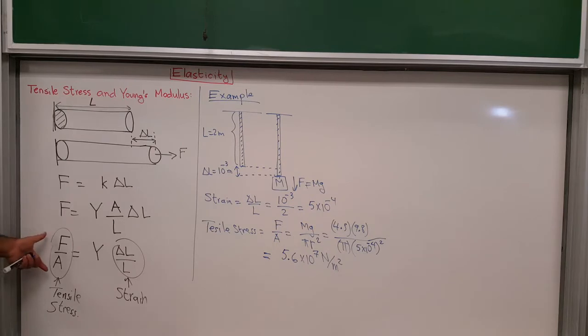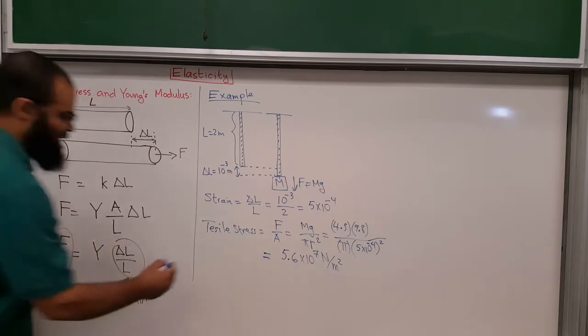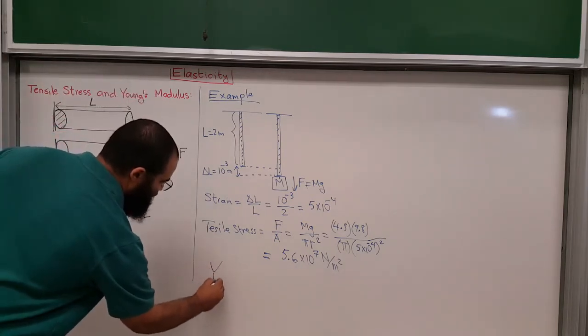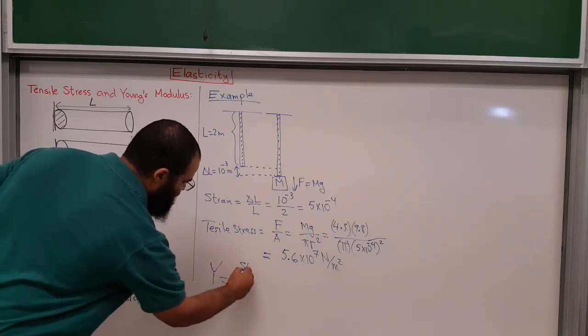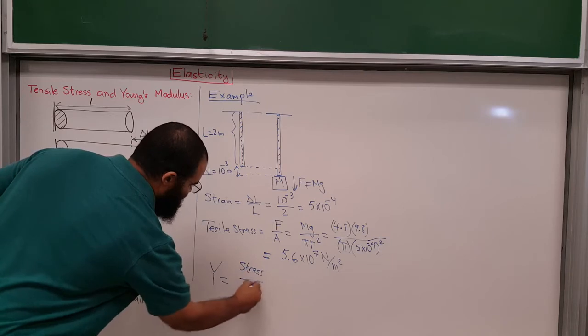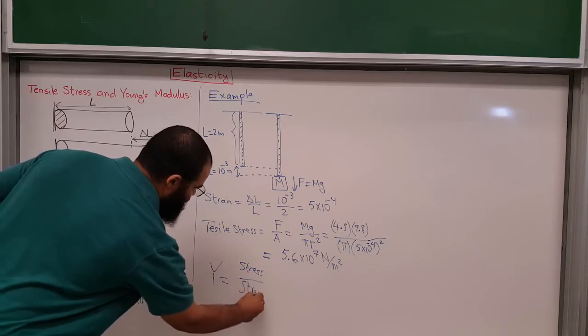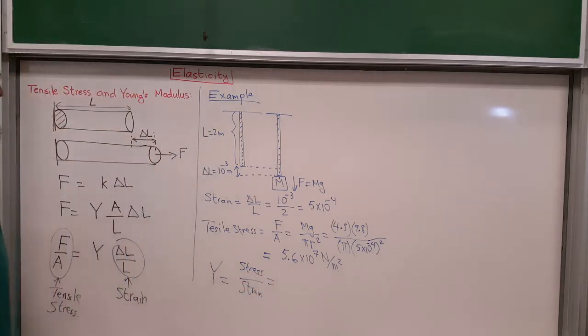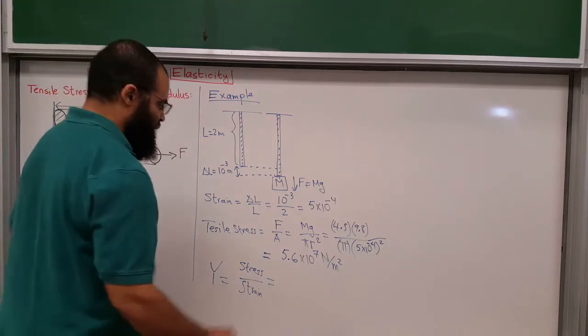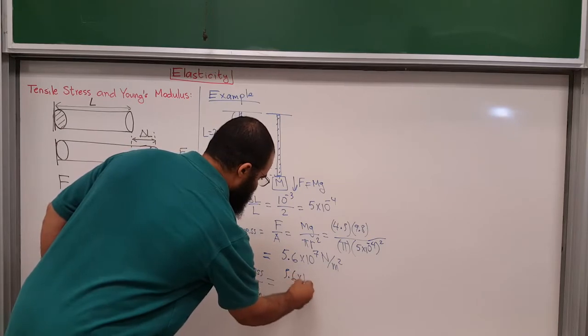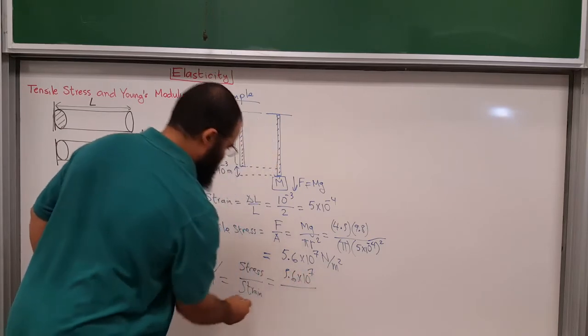So Y will be this divided by that. That's why I did it this way. So Young's modulus, Y, will be the stress over strain. And you get 5.6 times 10 to the 7 divided by strain.